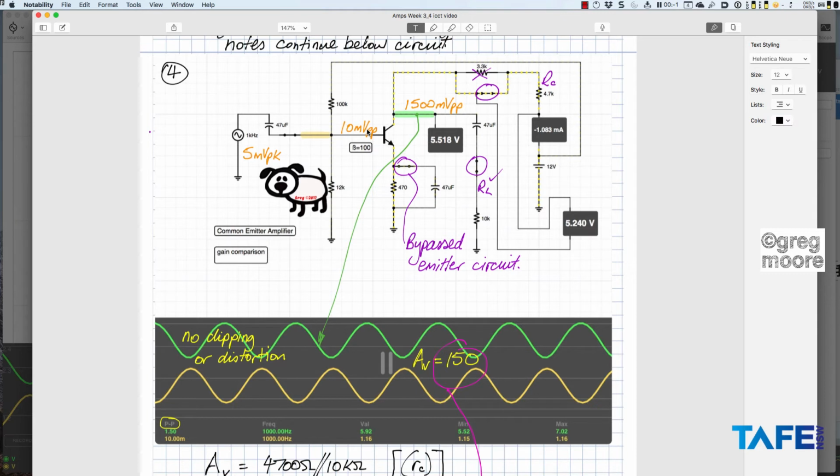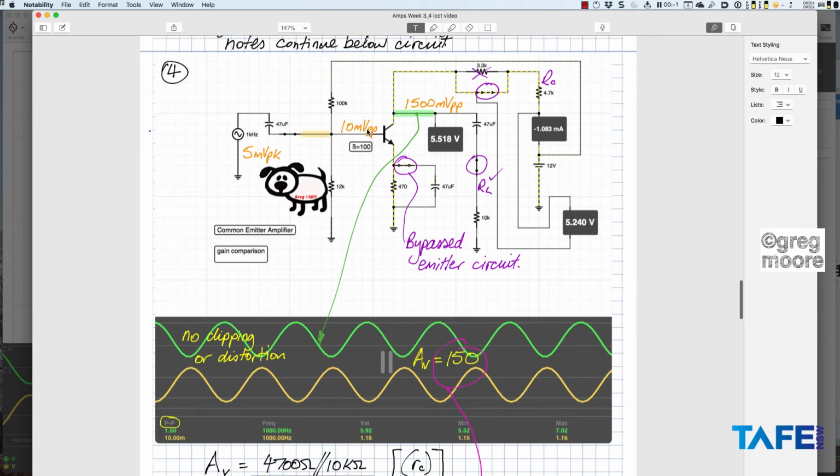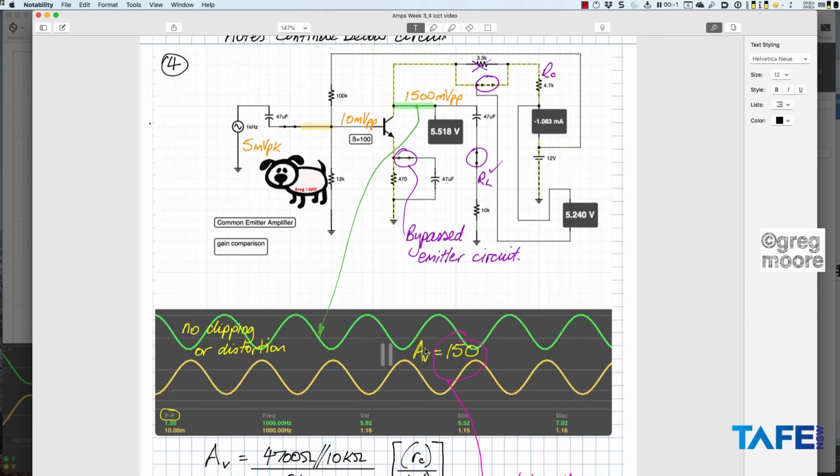So dividing those two out, I've got a voltage gain, AV, of 150. Note, no clipping or distortion. Midpoint biased, we've only got 1.5 volts, so that's 750 millivolts swing in each direction.